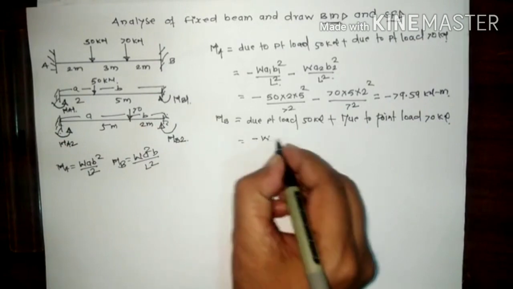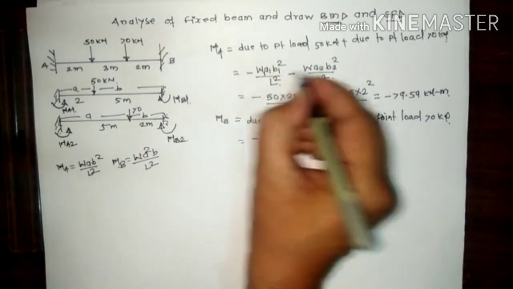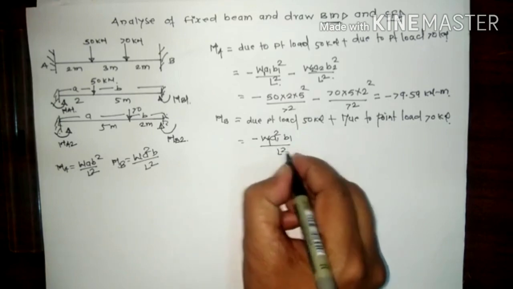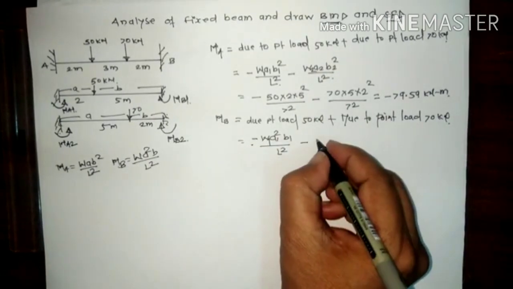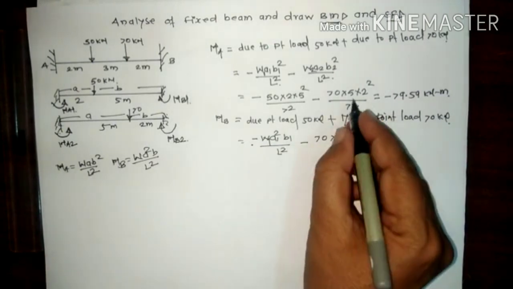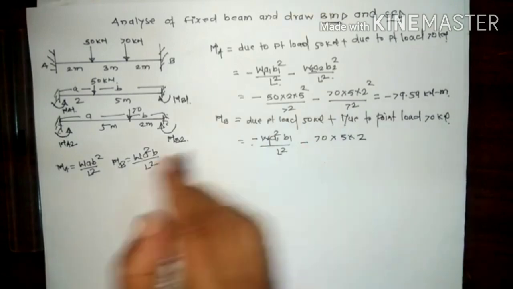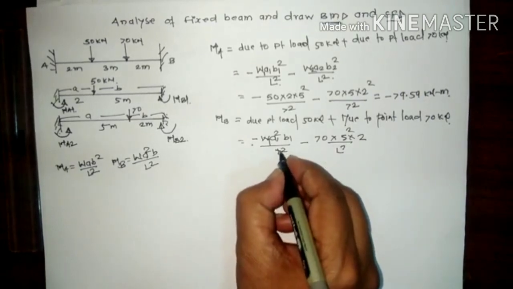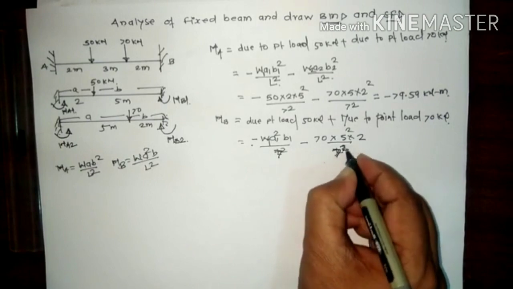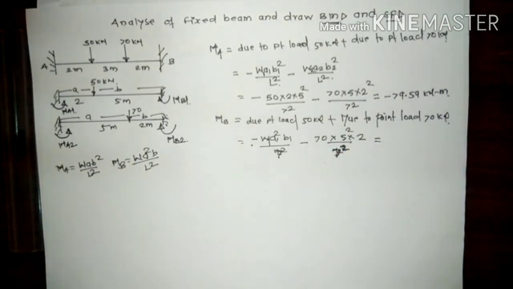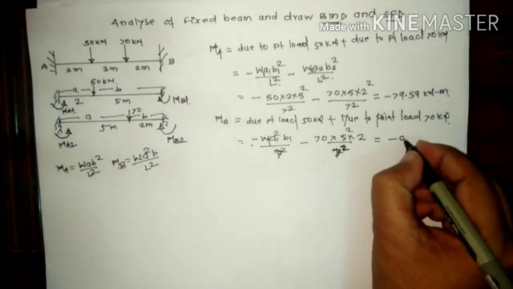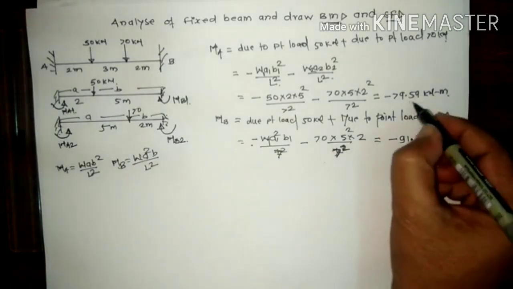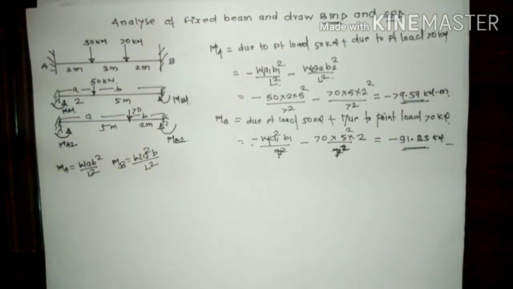So minus W1 A1 square B1 divided by L square, minus because of the hogging bending moment. Then W2 is 70, the same 5 into 2, only here A square, so that square divided by L square, which is 7 square. If you do this calculation on the calculator, it is minus 91.83. So we got the value of fixed moment MA and we got the value of fixed moment MB.